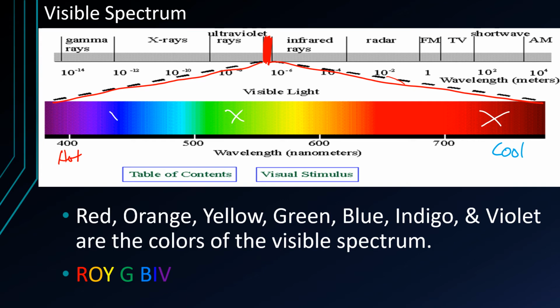Lasers that are blue or purple are typically not available for civilian use, but they are out there. So the further we go along from red to purple, the more powerful these waves are going to get. And this is basically the extent of what we can see.